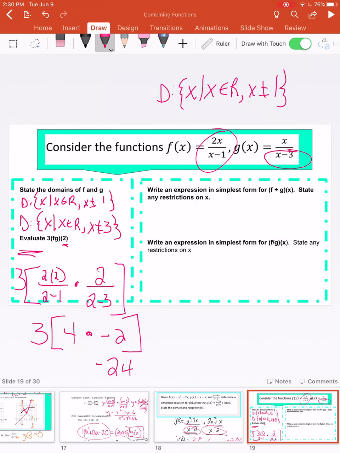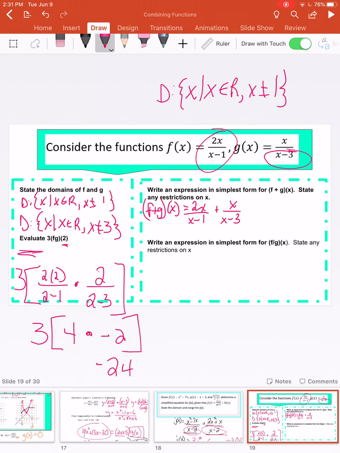So it says, write an expression in simplest form for f plus g of x, state any restrictions. Okay. So now we're writing for f plus g of x equals 2x over x minus 1 plus x over x minus 3.